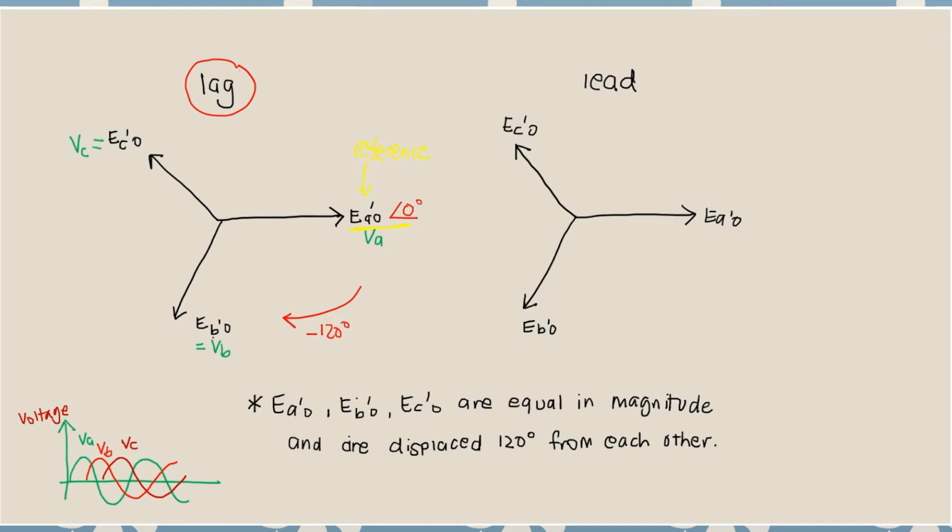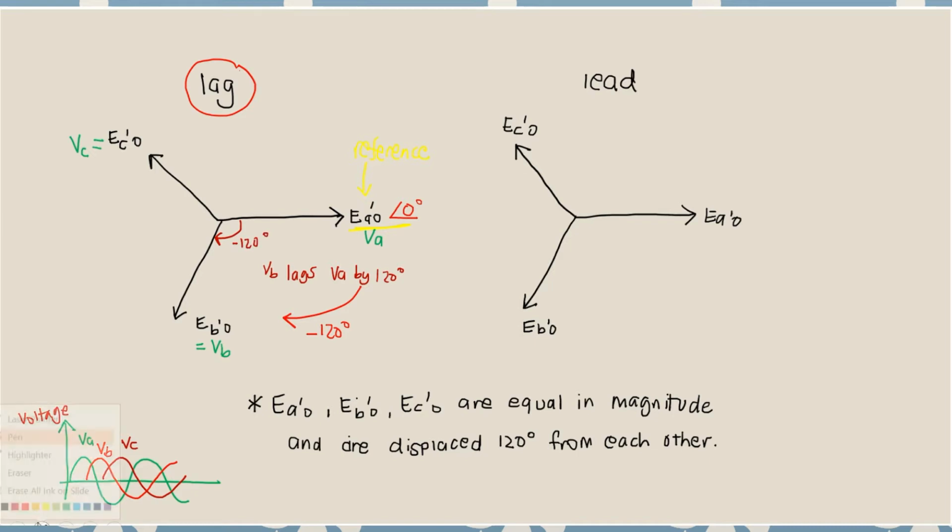In this part it's the same: we have VA, VB, and also VC, and they are 120 degrees displaced. Because it's lag, taking VA as the reference, you will say that VB lags VA by 120 degrees. So the arrow is negative 120 degrees.